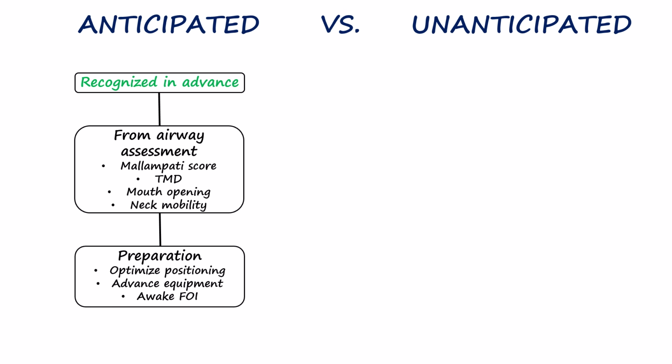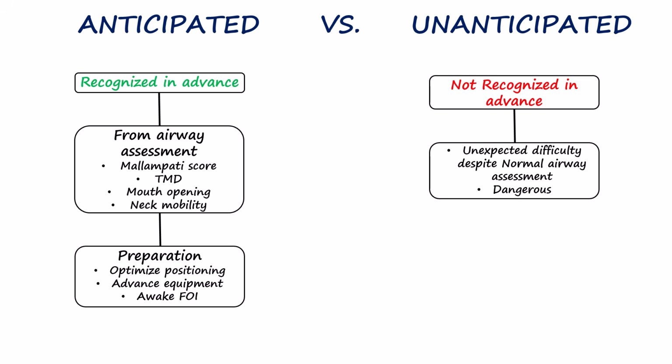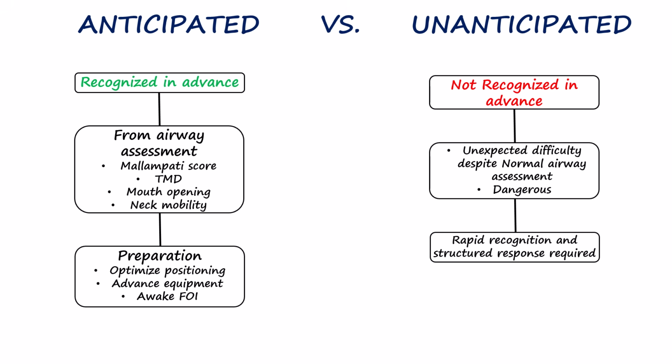An unanticipated difficult airway arises unexpectedly during airway management despite normal assessment findings. This is more dangerous because it leaves the team unprepared and increases the risk of hypoxia, making rapid recognition and a structured backup plan essential.